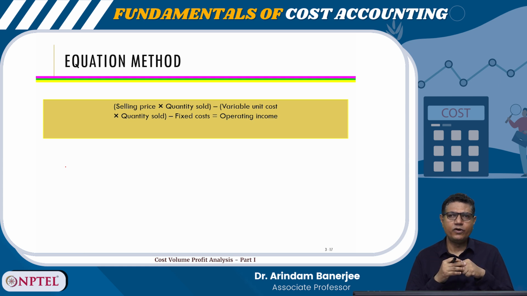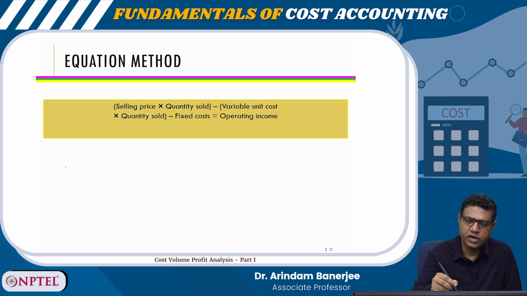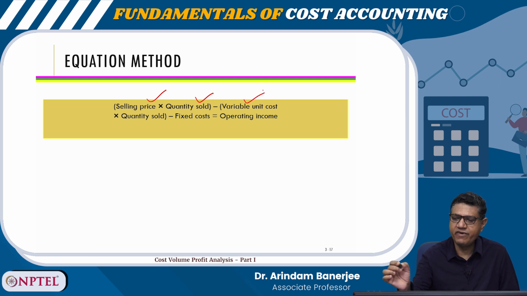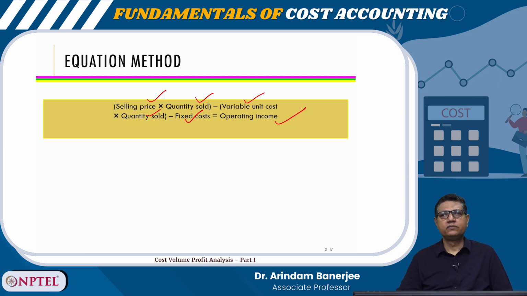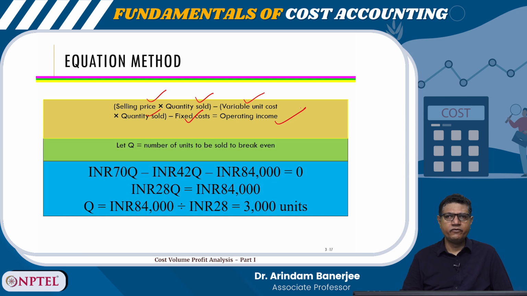So, in the equation method I can write: selling price into quantity sold, that is the total selling revenue, minus variable unit cost into quantity sold, that is total variable cost, minus the total fixed cost, you will get the operating income. Where Q is the number of units sold, or we can say produced also. Sometimes it is taken on the production basis, right.